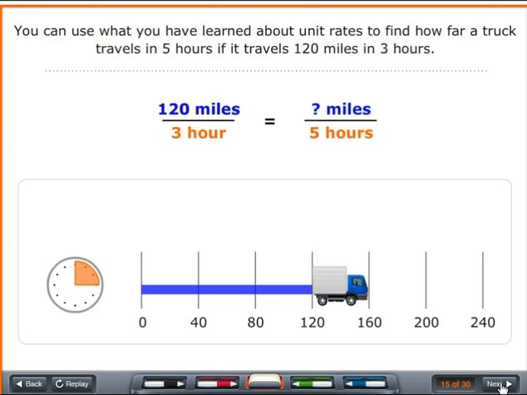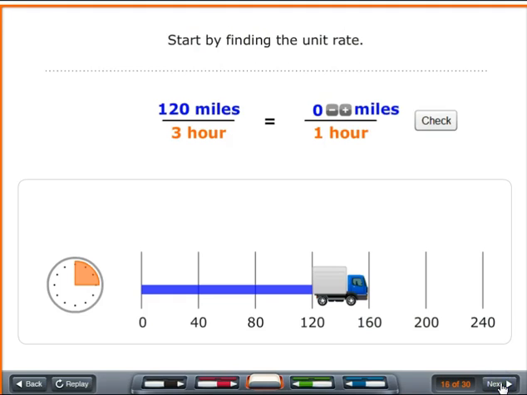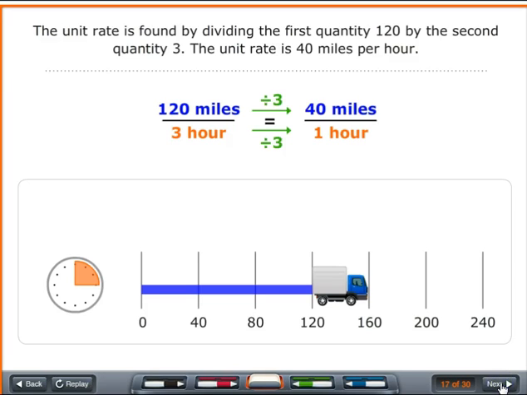You can use what you have learned about unit rates to find how far a truck travels in 5 hours if it travels 120 miles in 3 hours. Start by finding the unit rate. The unit rate is found by dividing the first quantity, 120, by the second quantity, 3.